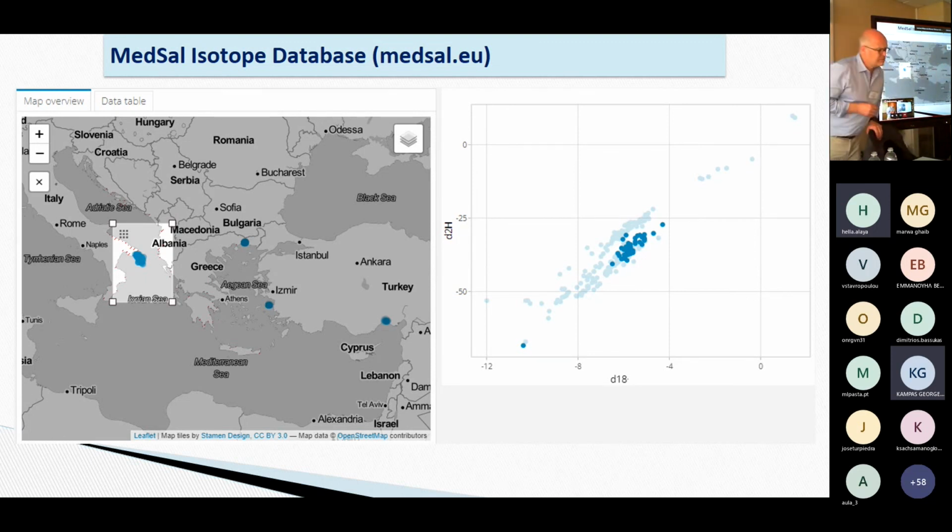This is from Salento. Now this is very suspicious because this single sample is very different from all the other samples. Unfortunately, it's just one. It's the most depleted sample that we have altogether.